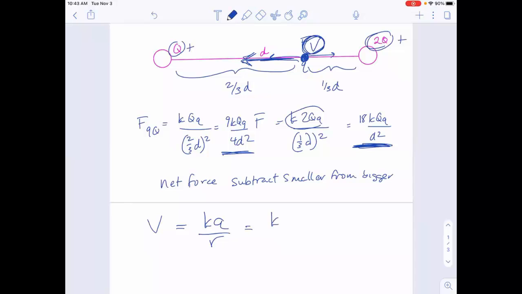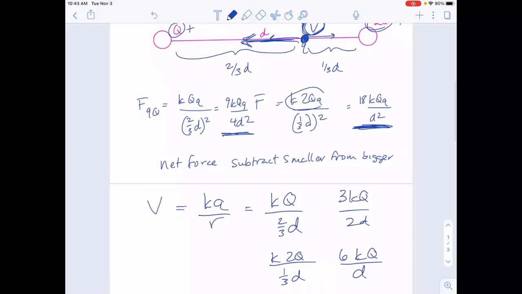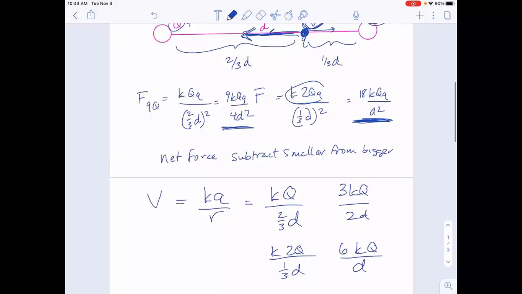So it would be k big Q over 2/3 d, and the other one would be k 2Q over 1/3 d. And again, I'd have to simplify that. With voltage, if the charges are the same sign, you just add them together.